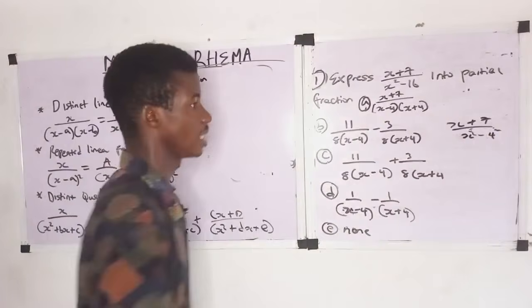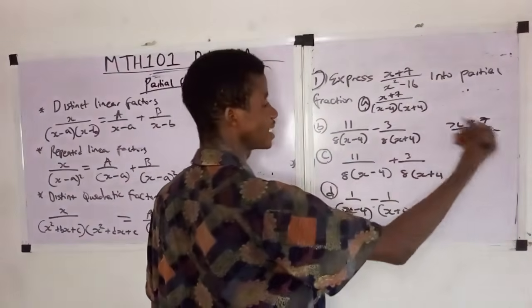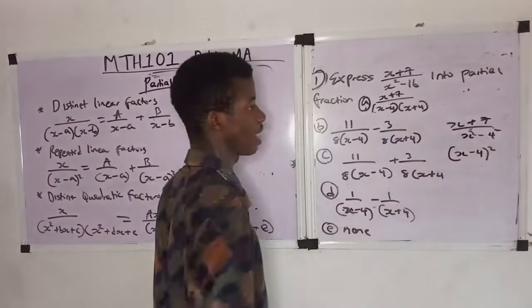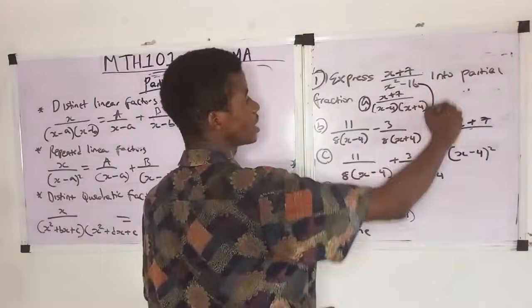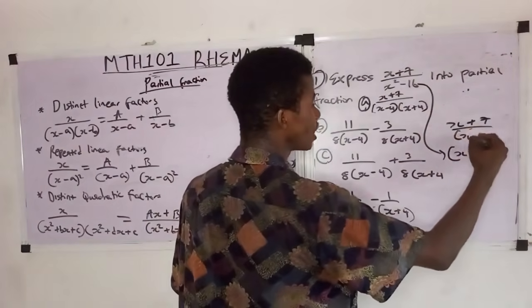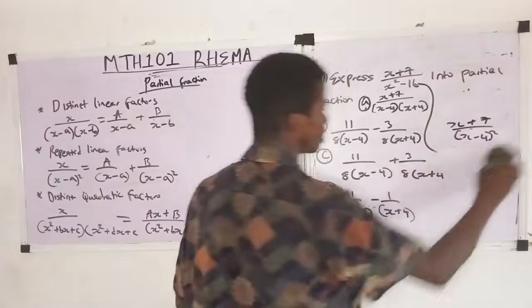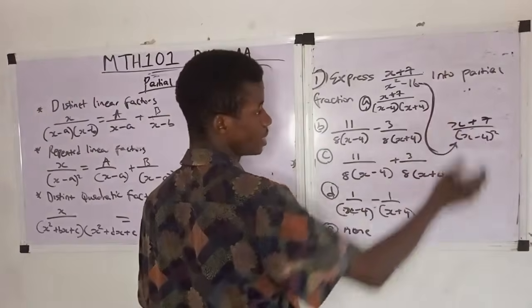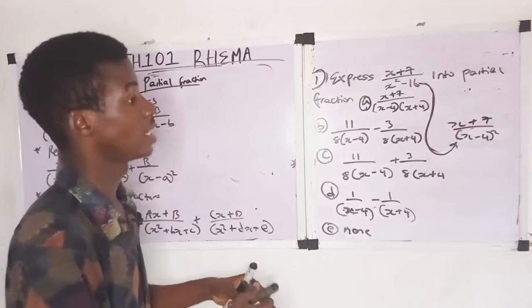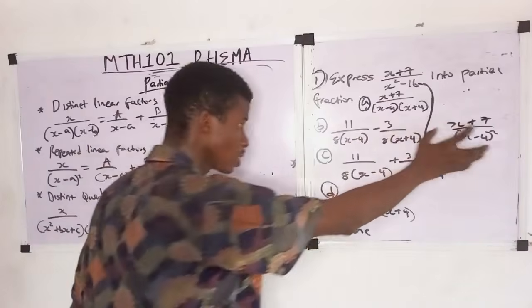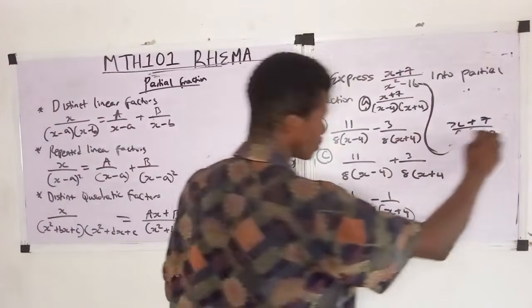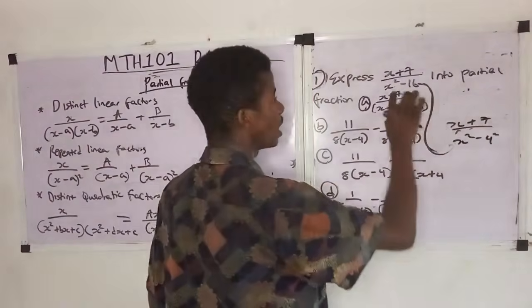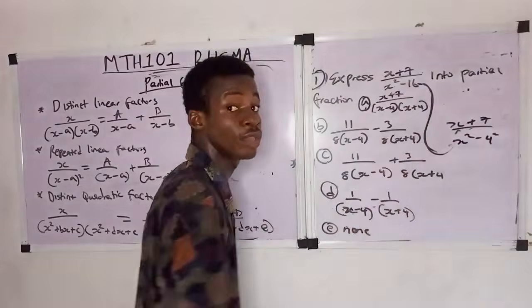Now s square minus 4 square gives us 16, right?